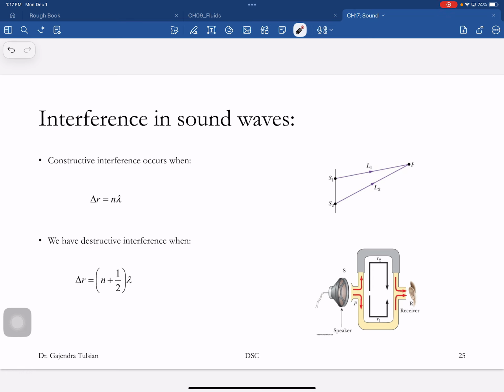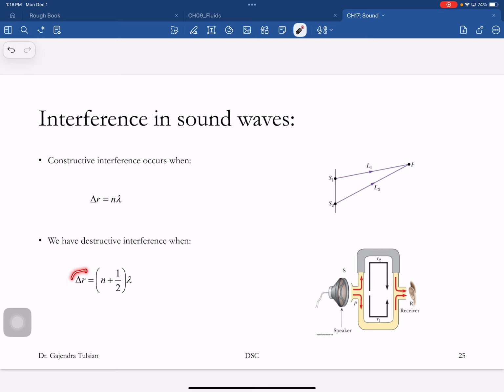For two speakers that are in phase, this wave traveled that distance, and this wave traveled this distance. The difference in the distance traveled is the path difference. If the path difference is an integer multiple of the wavelength, you have constructive interference.